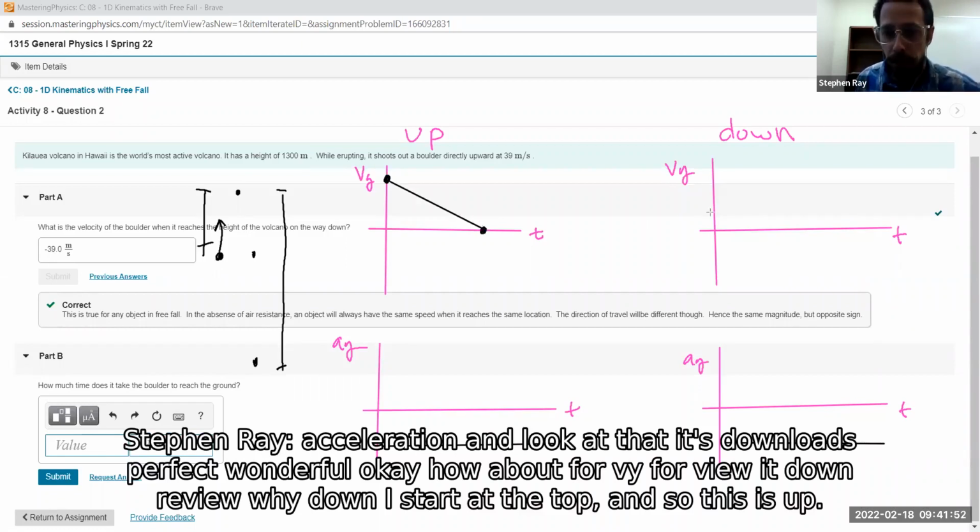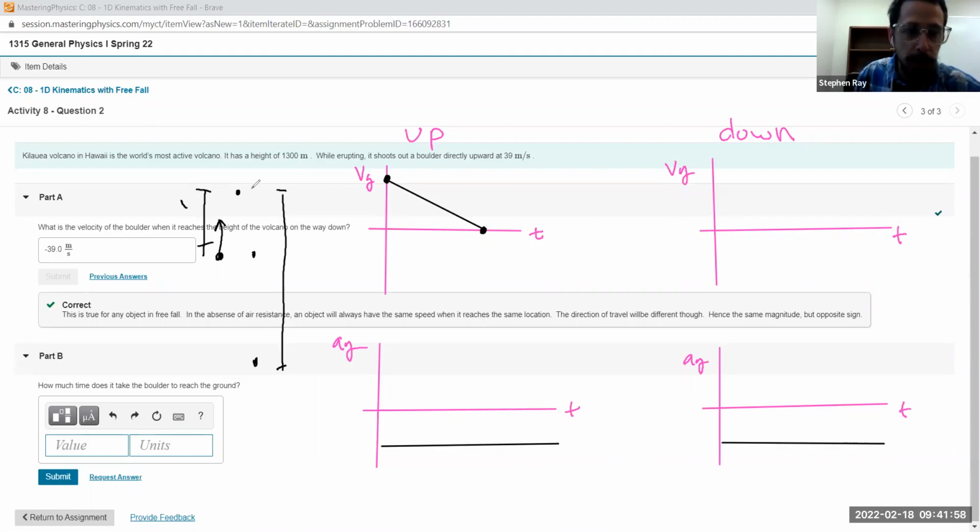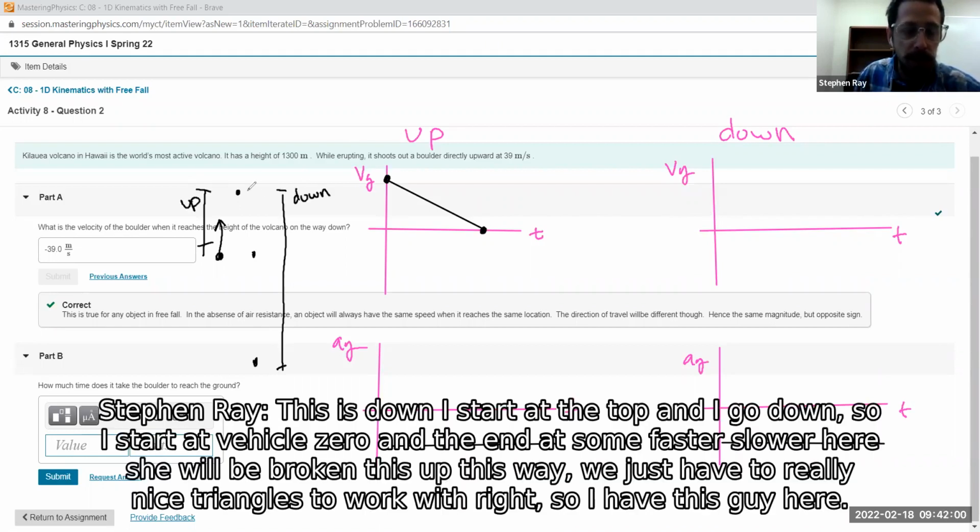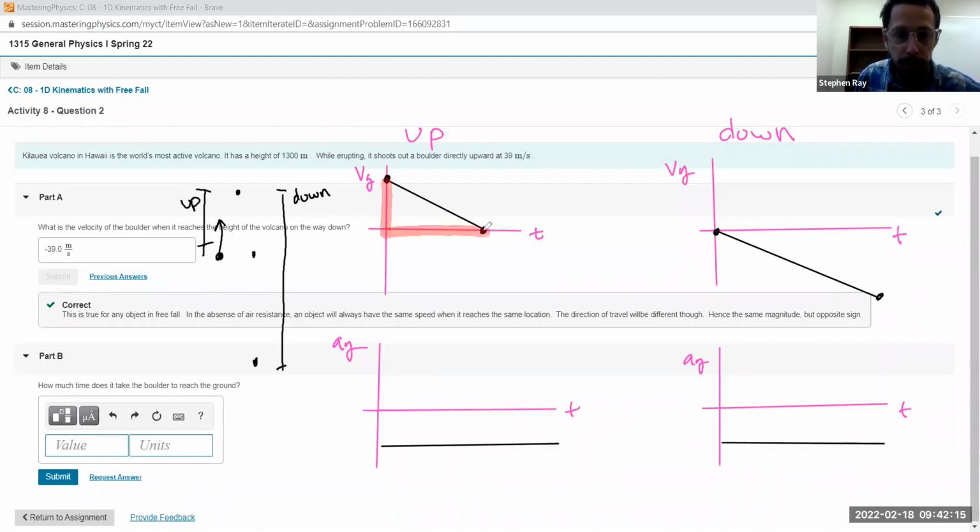Okay, so how about for Vy down? I start at the top, so I start at V equals 0 and I end at some faster velocity over here. See how when we've broken this up this way, we just have 2 really nice triangles to work with, right? So I have this guy here.